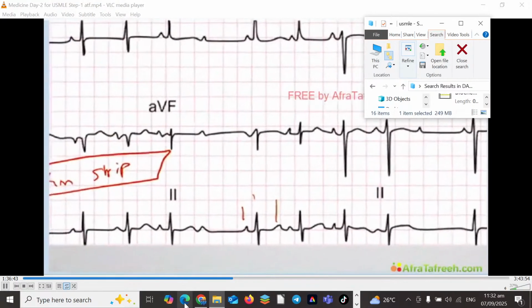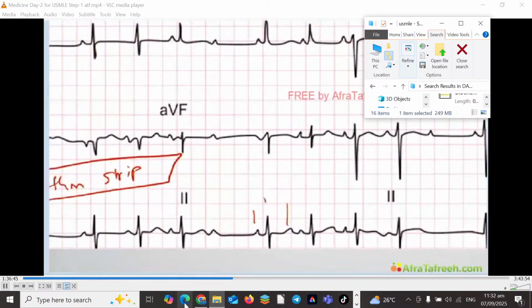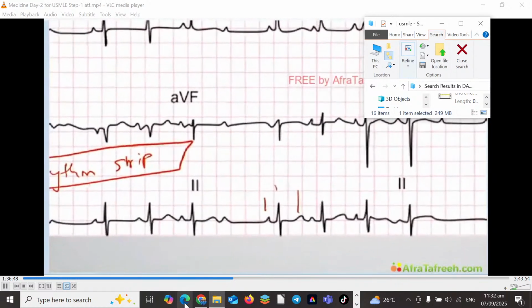Look at these EKGs. Look at the rhythm strip. If you are ever confused in your exam whether it is a prolonged PR or not, always look at only two PR intervals for a Mobitz type 1 versus Mobitz type 2 block.